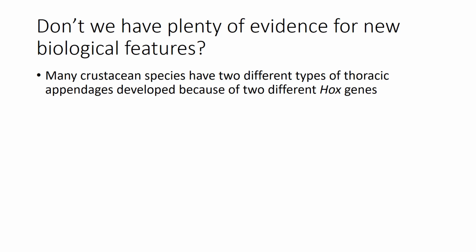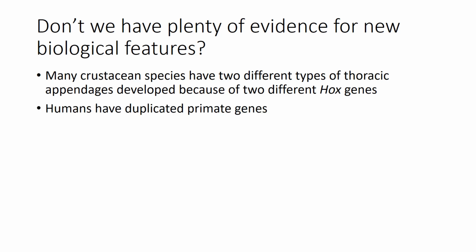And so this provides evidence that originally you had one Hox gene, it was duplicated. The duplicated gene had the opportunity to evolve some new functions, and then as it works on the appendages, it actually develops them into different appendages.